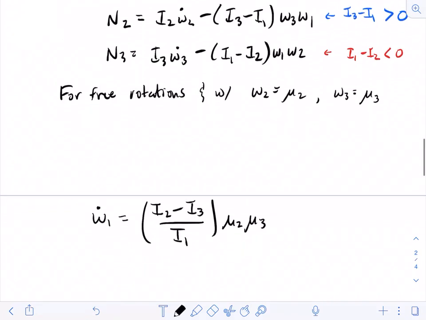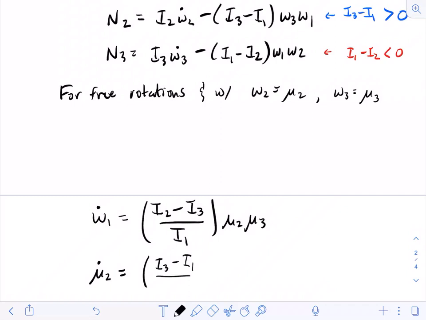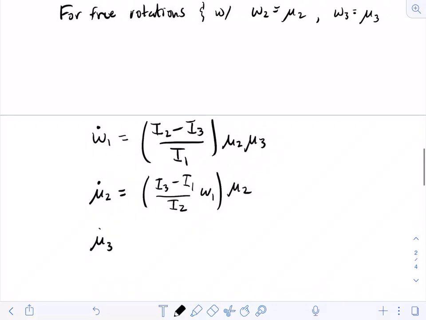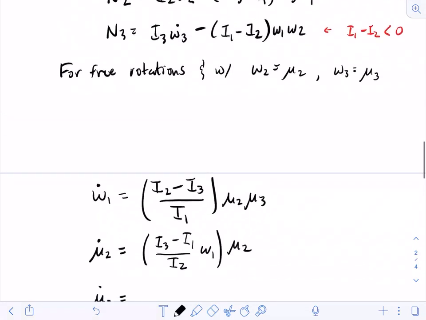Okay, and then for N2 equals 0, if we solve for omega 2 dot, that's mu 2 dot, and we get (I3 minus I1) divided by I2, then omega 1 stays as omega 1, and omega 3 becomes mu 3. And then finally for omega 3 dot, that becomes mu 3 dot.